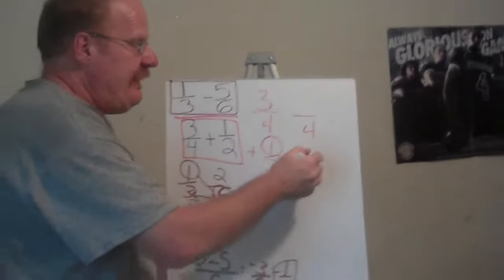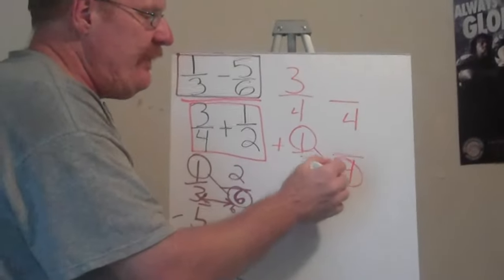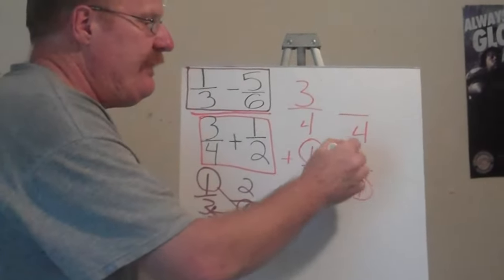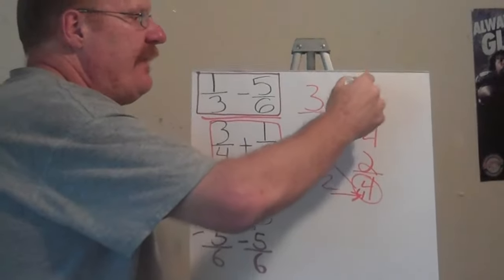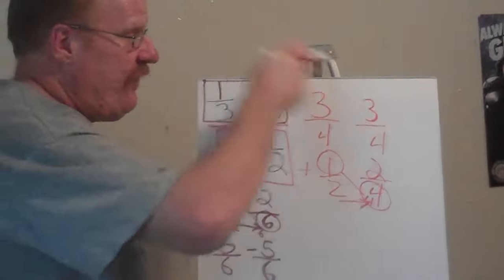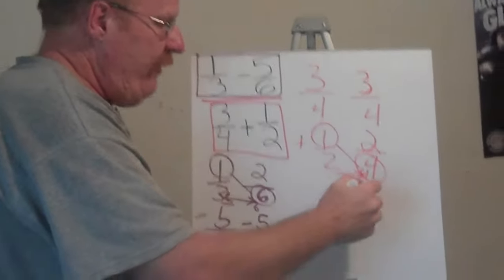If we take 1 times 4, we get 4. If we take 2 into 4, we get 2. Same denominator, so the top has to be the same. So now 3/4 plus 2/4 is 5/4.